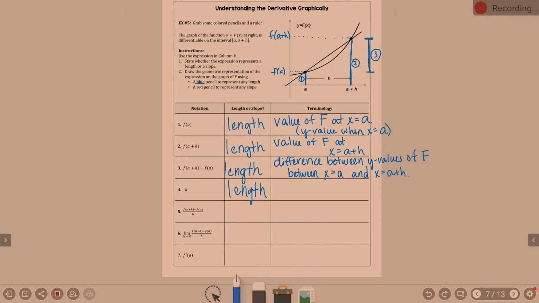And it's labeled right here, isn't it? I was going to show it down here. But it's the difference from A to A plus H. It's the difference, or we can use the word displacement as well. But it's the distance on the x-axis between A and A plus H.